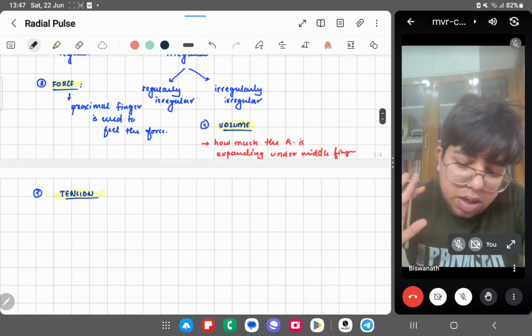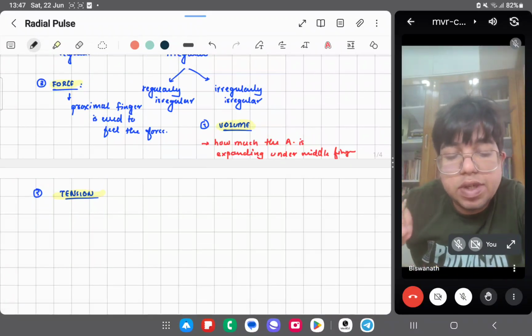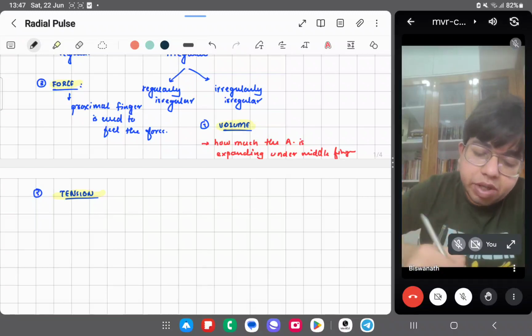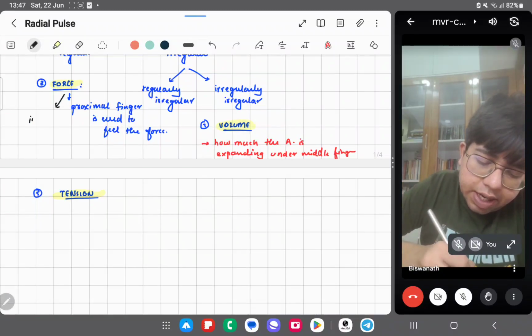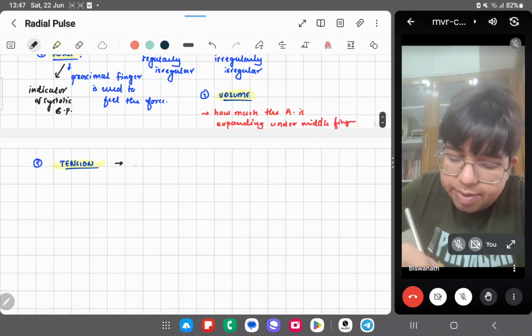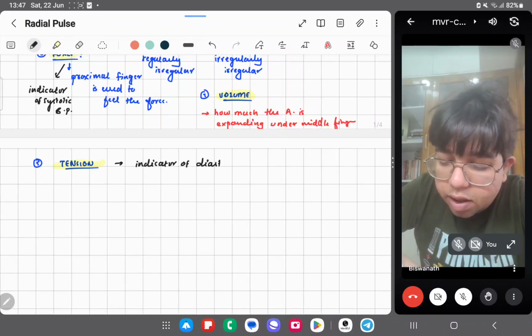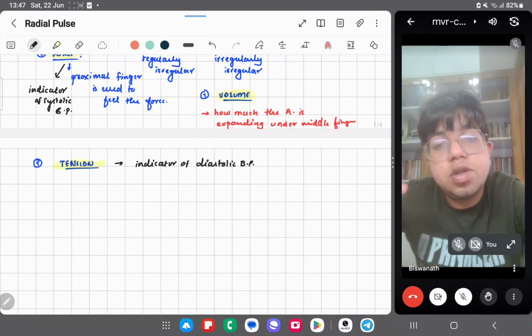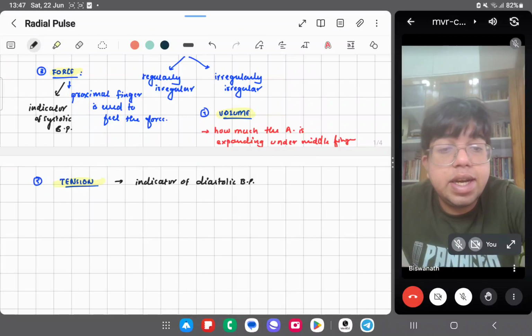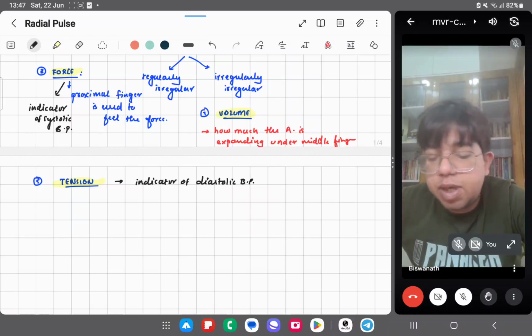The force is an indicator of the systolic blood pressure, and this tension is an indicator of diastolic blood pressure. Understood? So basically, force is an indicator of systolic BP, and tension is an indicator of your diastolic. Then we have the apex pulse deficit.